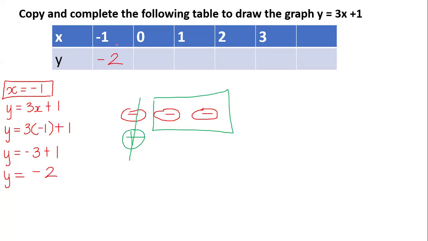Class, do you all understand how I got negative 2? Let me know, please. Yes, sir. I'm stuck at the second part. What second part? Yes, the same as yesterday. All right.